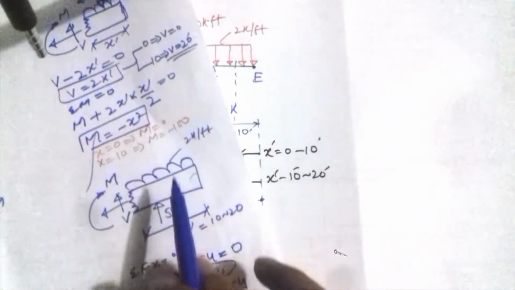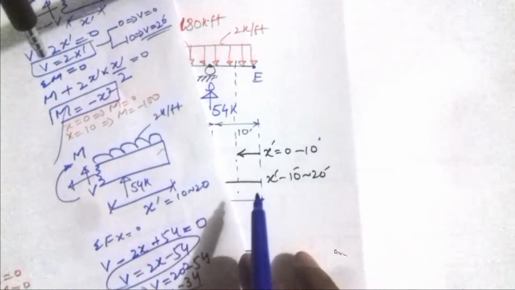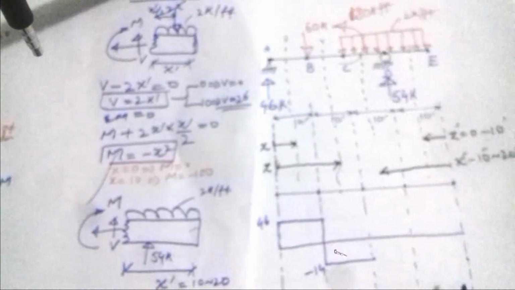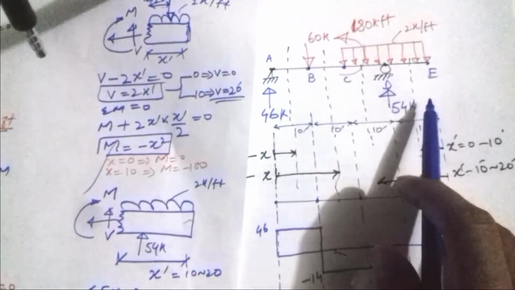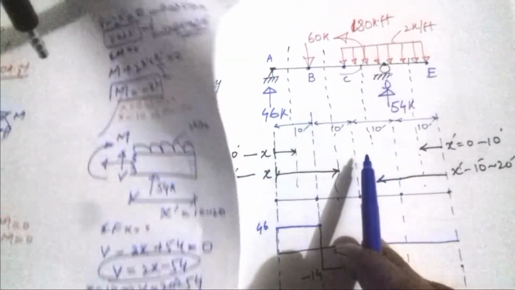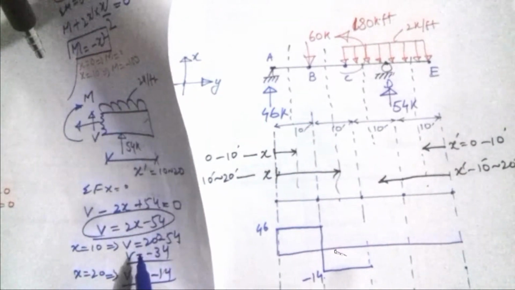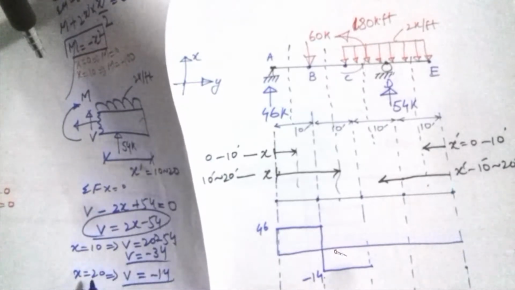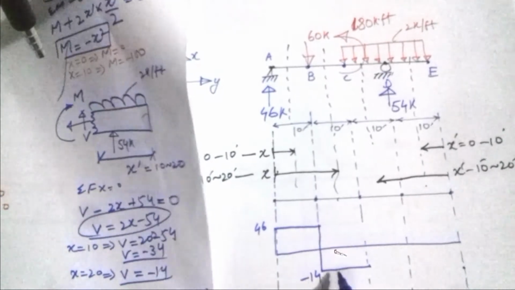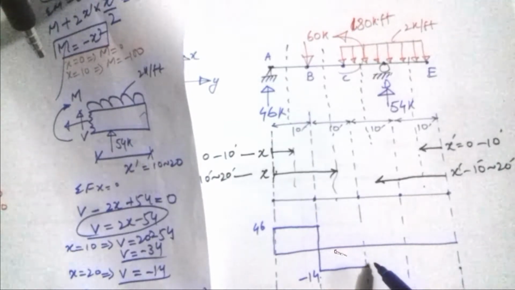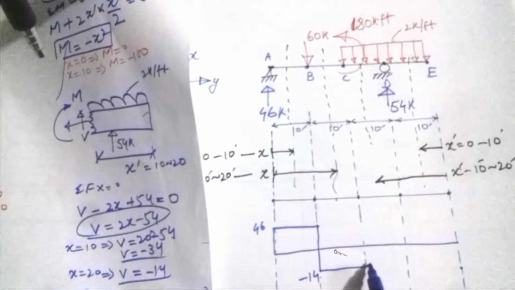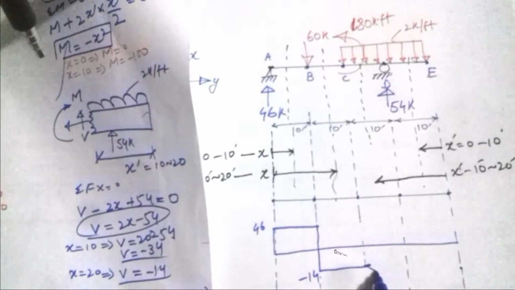So the value will be moving linearly. For the fourth section, the shear force is minus 34 and minus 14. So when x is 10, it is minus 34, and when x is 20, it is minus 14. So we are already at minus 14, and as we go down we have to move towards minus 34.